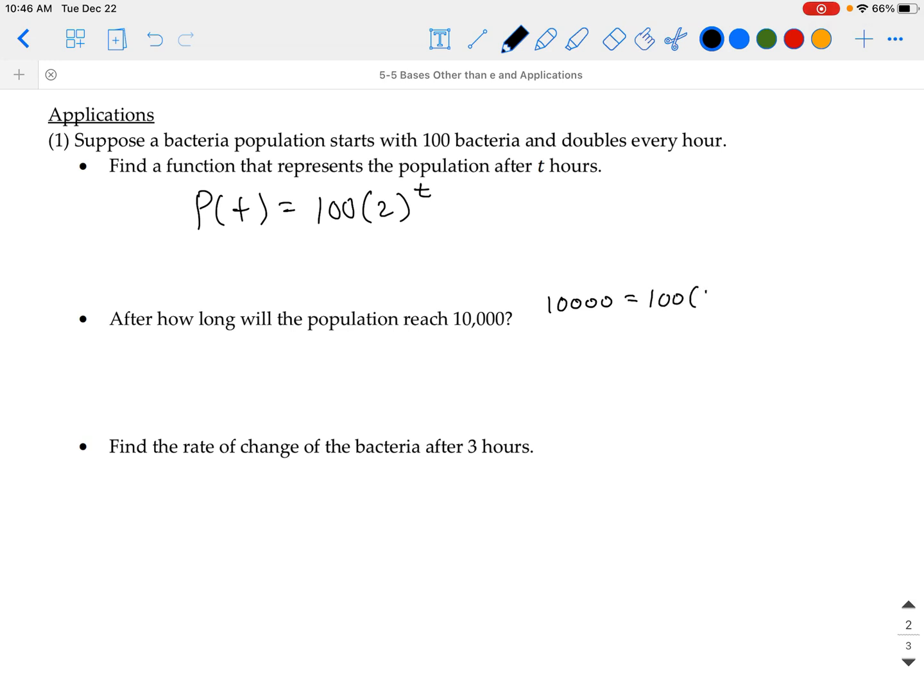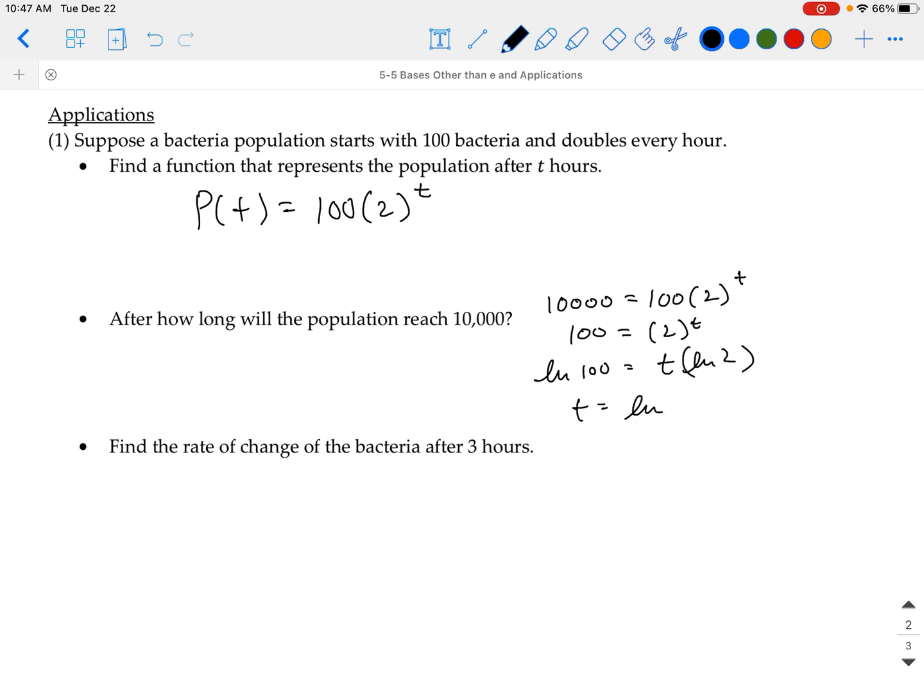So this is going to be pretty straightforward to solve. We'll set our population equal to 10,000, divide by 100. So we'll get 100 is equal to 2 to the t. We can take the natural log of both sides.